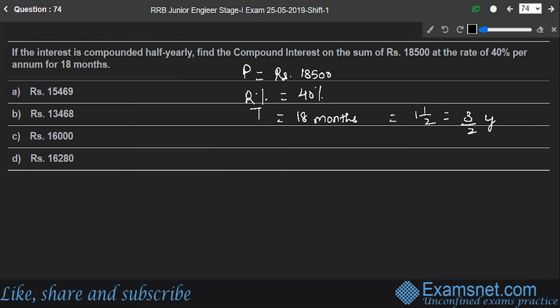Or 3/2 years, right? And what is the formula for the amount in the case of compound interest? This is P into (1 plus R upon 100) raised to the power time. Now it's compounded half yearly.